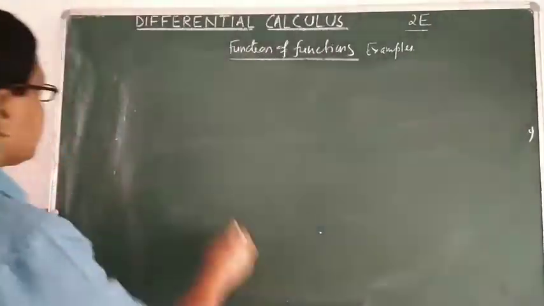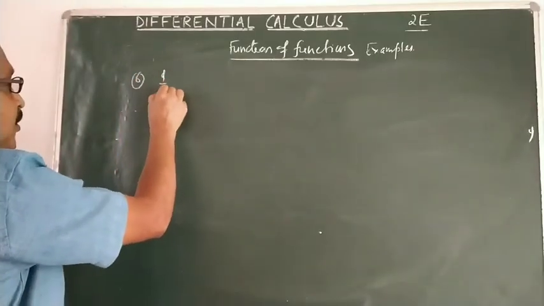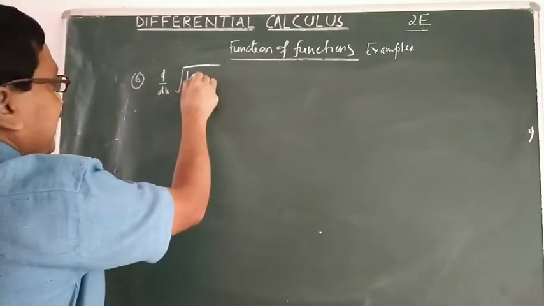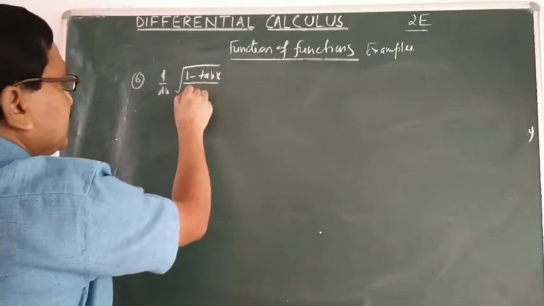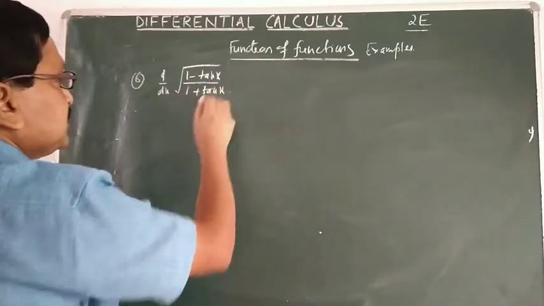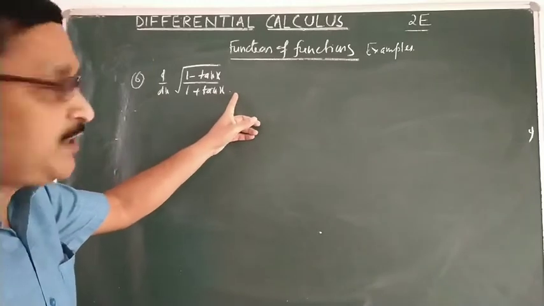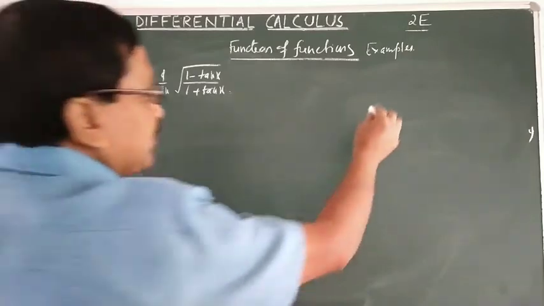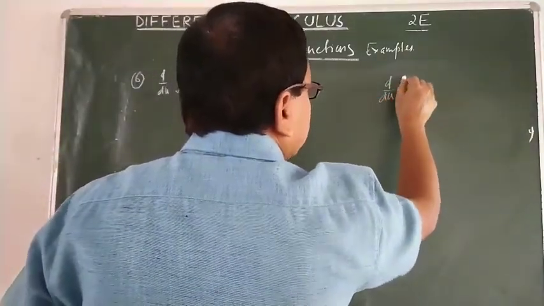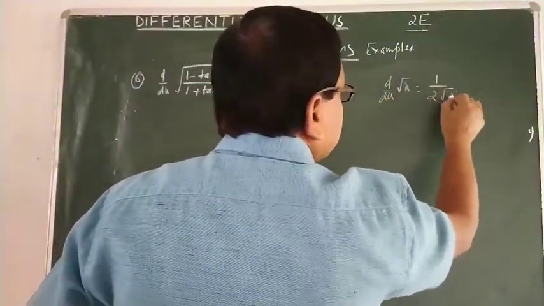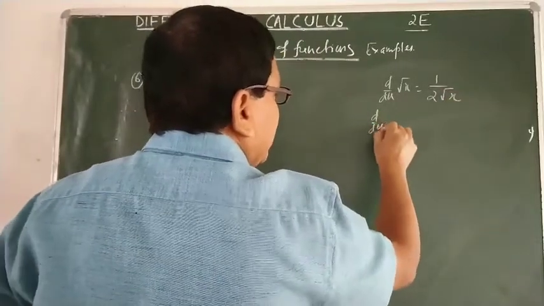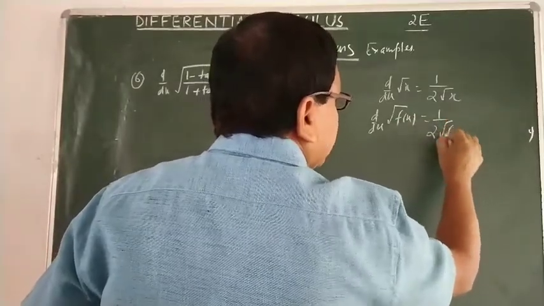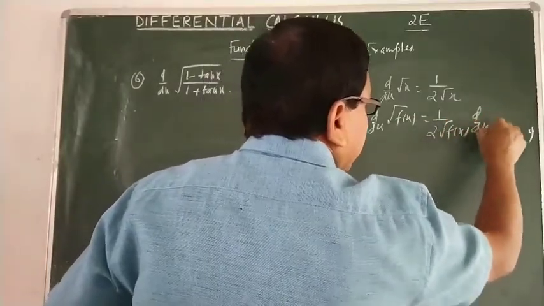This is number 6: d by dx of root of 1 minus tan x by 1 plus tan x. So this has to be done by you. Now you know that d by dx of root x is 1 by 2 root x, so d by dx of root f(x) is equal to 1 by 2 root f(x) into d by dx of f(x).